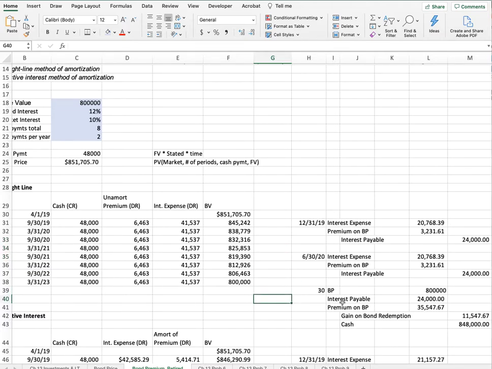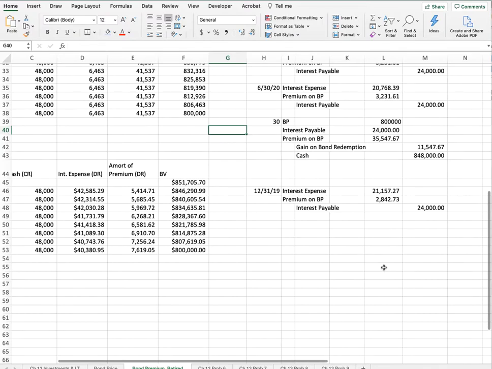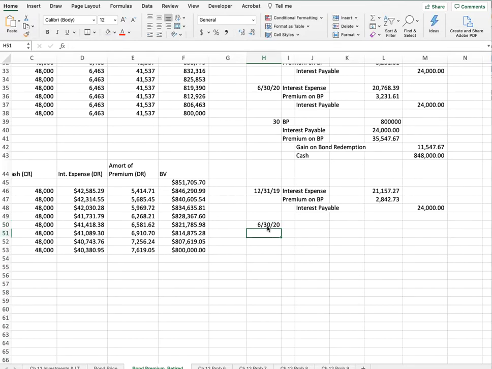Okay, so we took care of the gain for the straight line method, and now we can take care of it as well for the effective interest. We'll come down 6/30/2020. We're going to have these same accounts, of course, just the numbers will be slightly different.